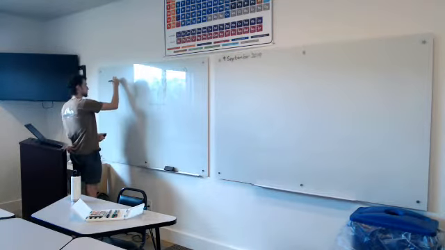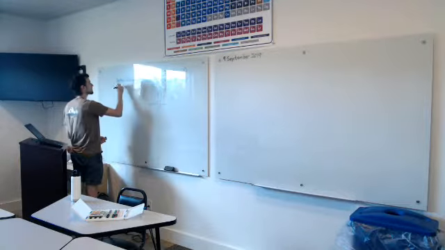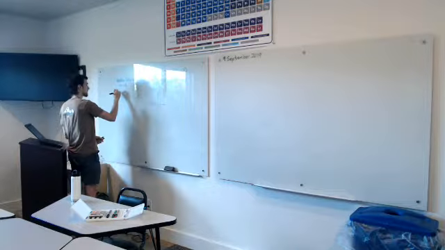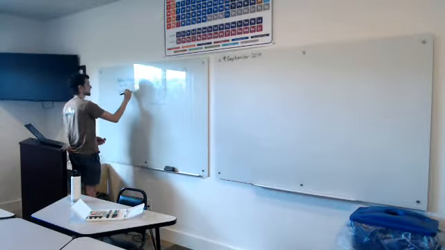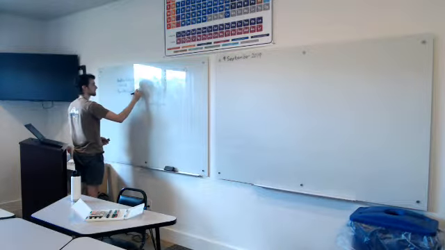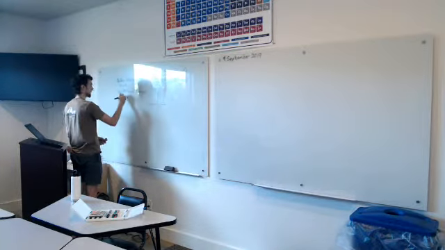So if only the bottom goes to 0, then you get a vertical asymptote. If the top and bottom go to 0 with the same degree, then you get a hole, a point discontinuity.